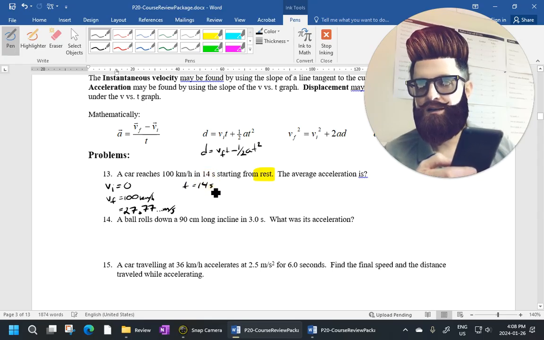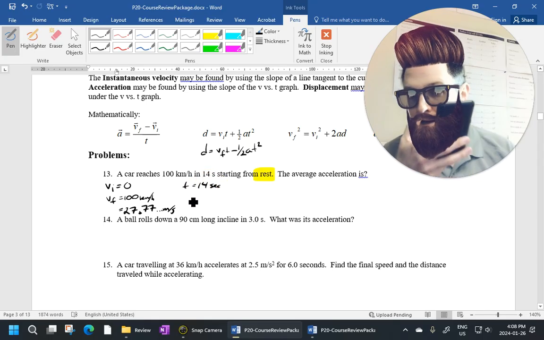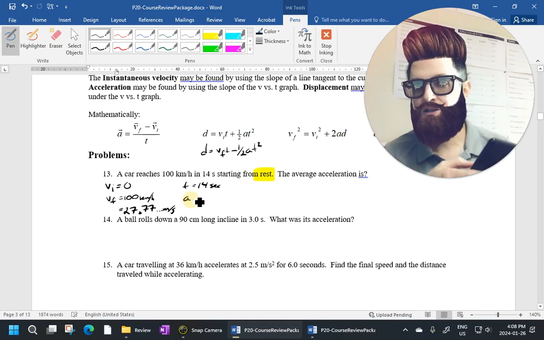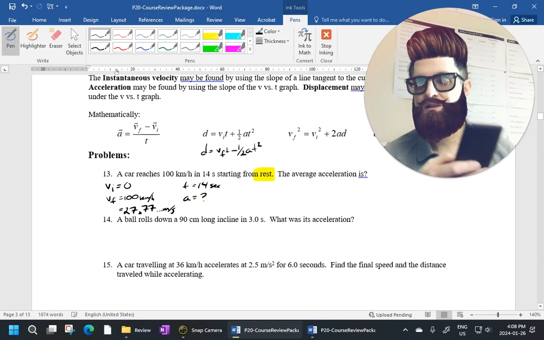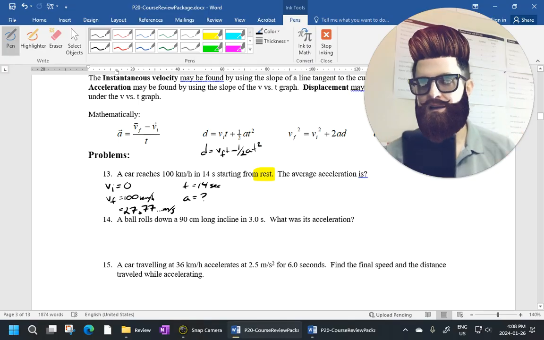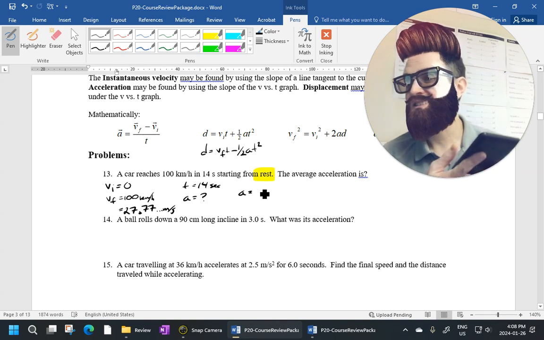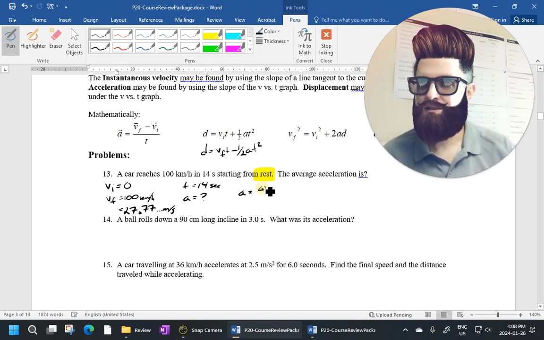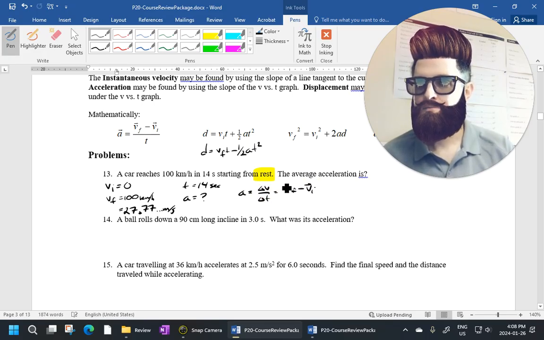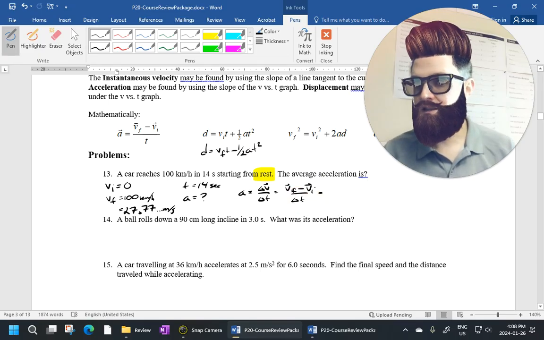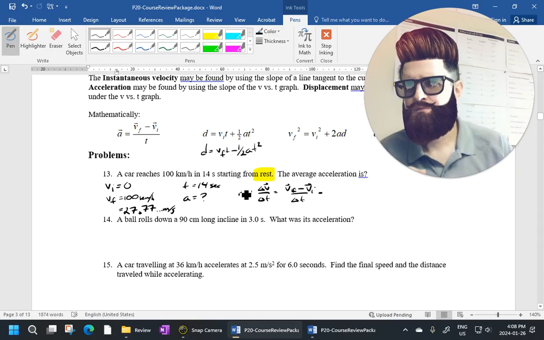We have 14 seconds. And we're looking for the acceleration. So we can see we have three things: VI, VF, and time. Find a formula that involves that. So it looks like this first one, VF minus VI. Remember, that starts as delta V. So remember, the delta V over T is VF minus VI over T. And we just plug in all the numbers. We don't even have to rearrange it. Right?